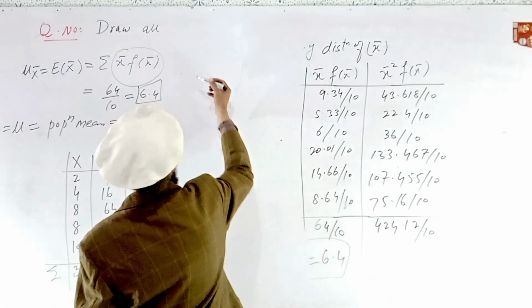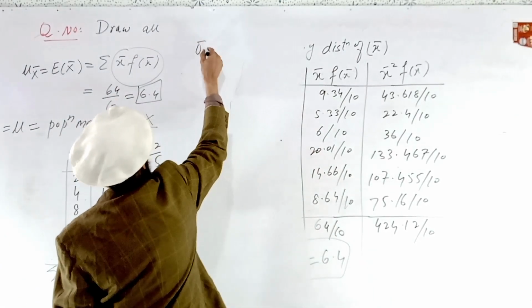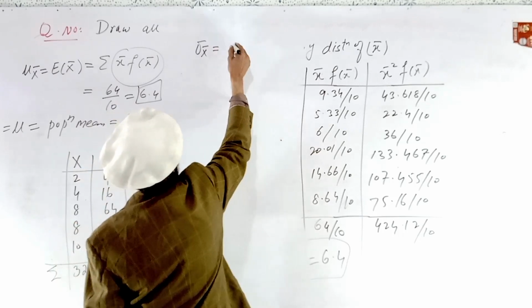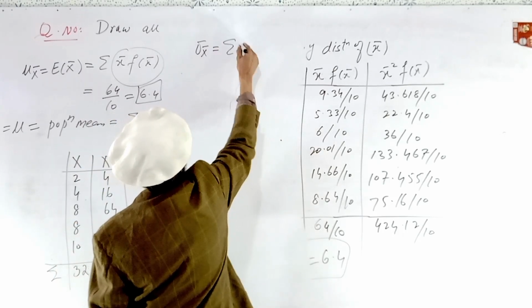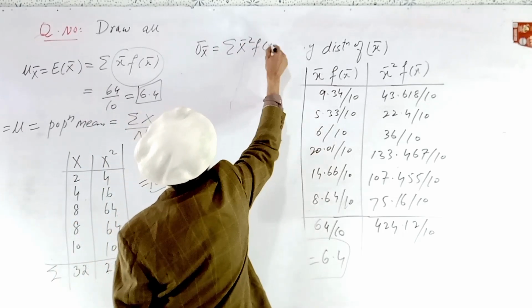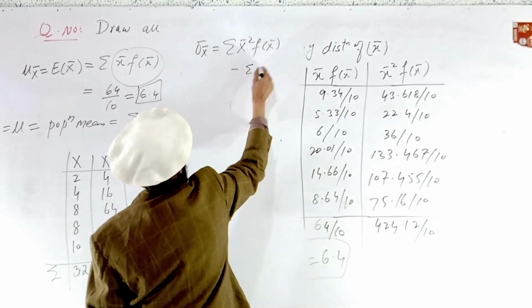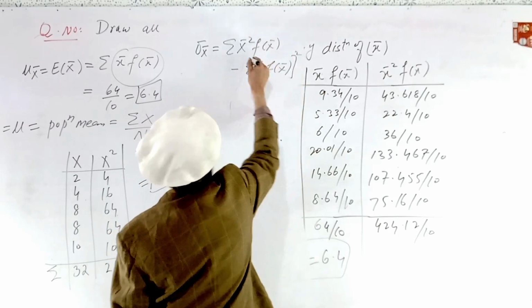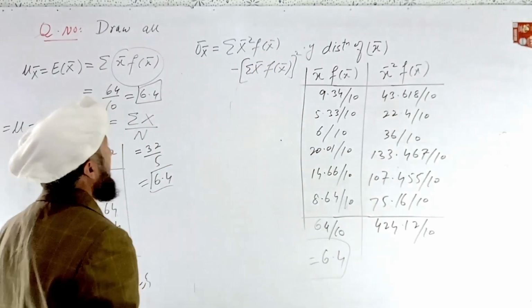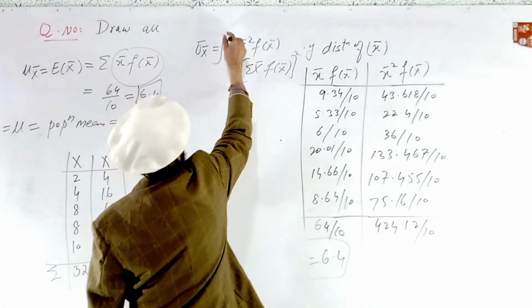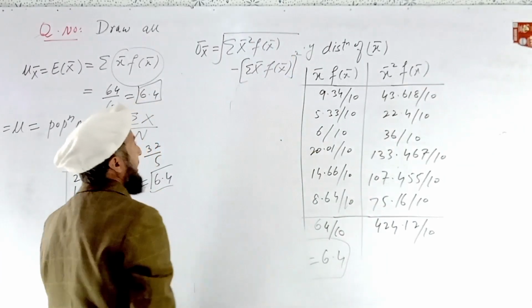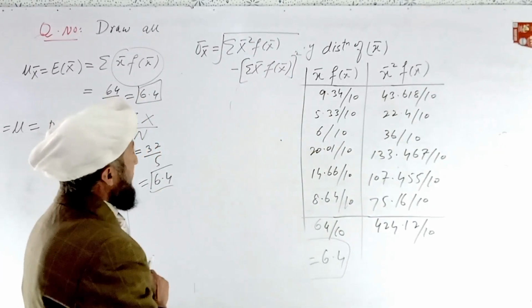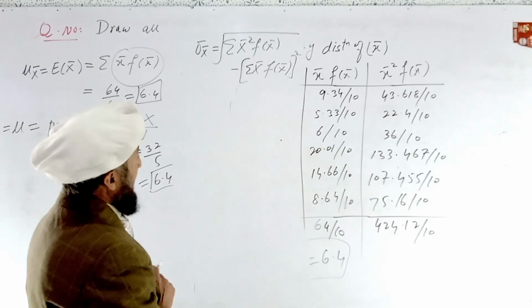For the variance property we have sigma x bar is equal to the square root of summation x bar whole square f of x bar minus summation x bar f of x bar whole square. This is the property, because this is also a square root that we have done here.